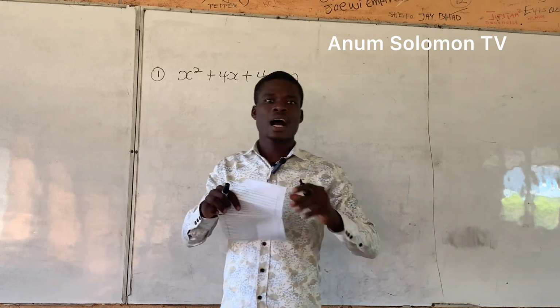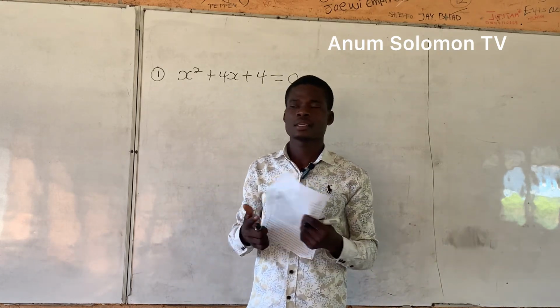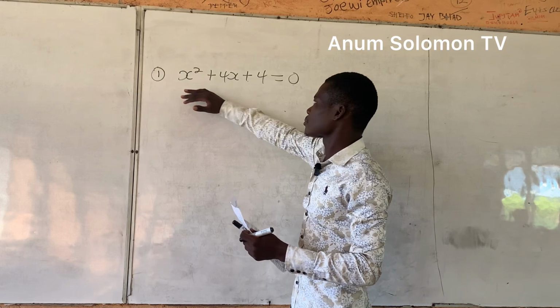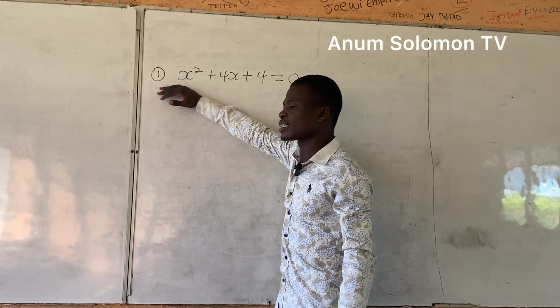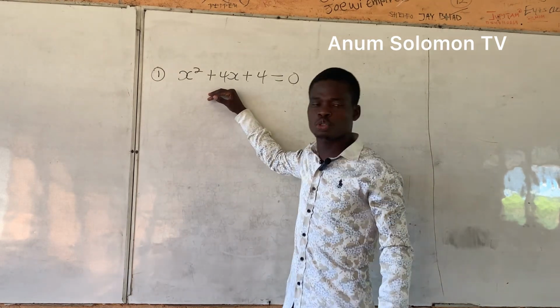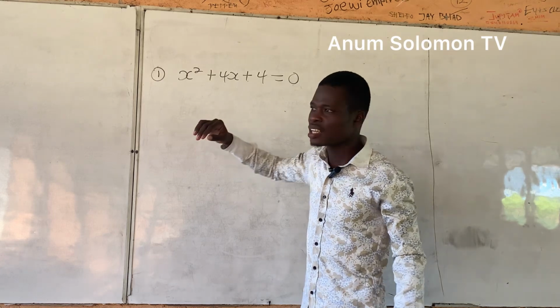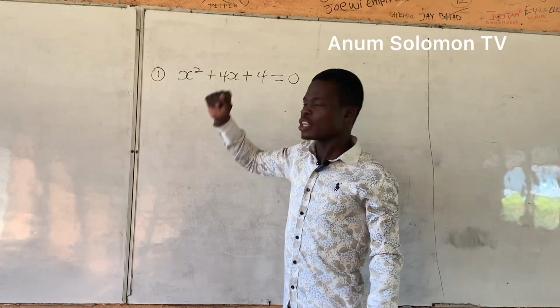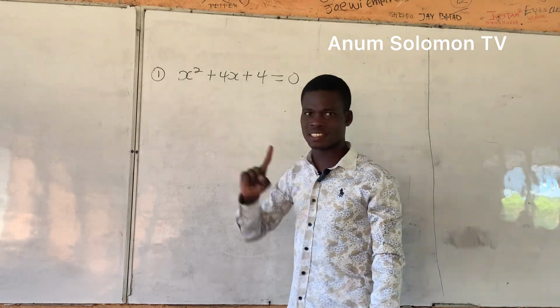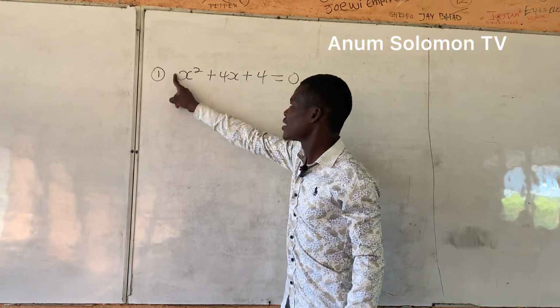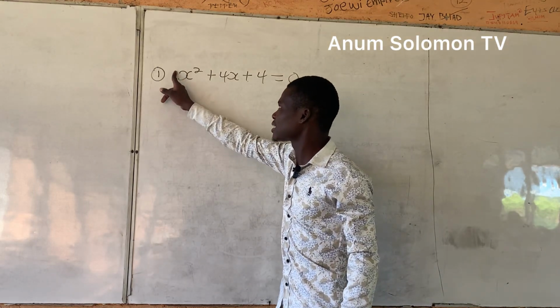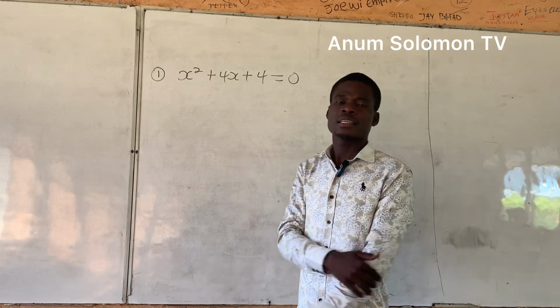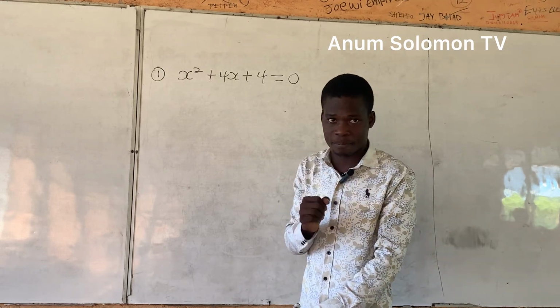As I stated earlier, when you get a problem in this form, you have to ensure that the coefficient of x squared is 1. And here we can clearly see that the coefficient is what? 1.